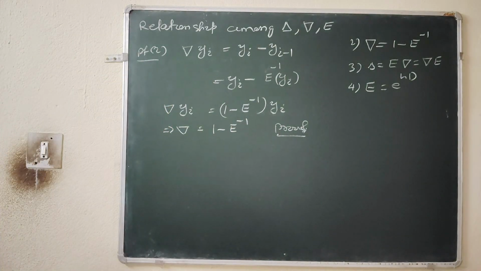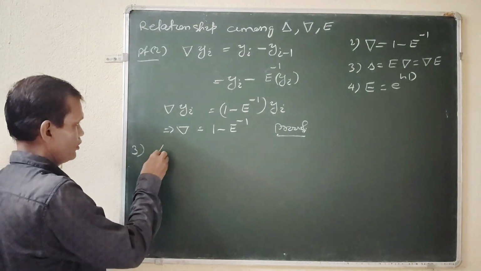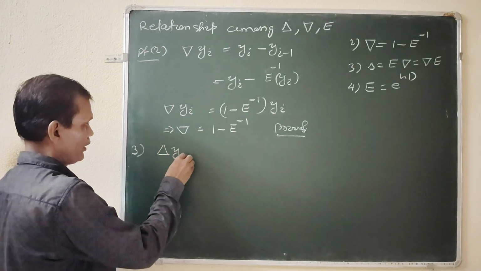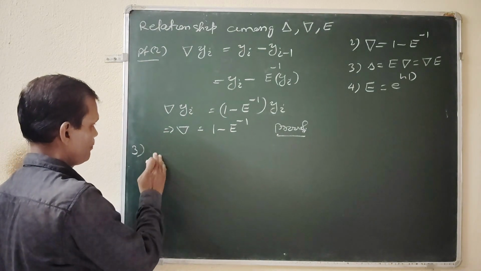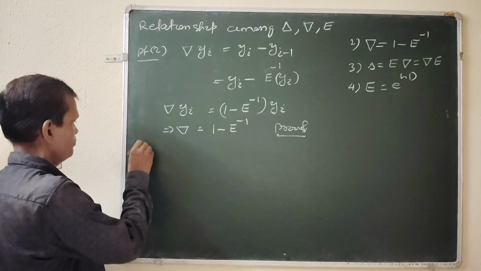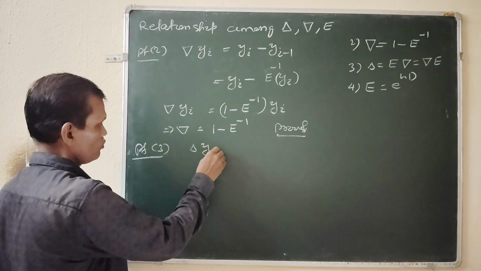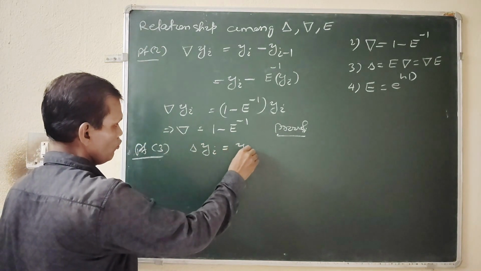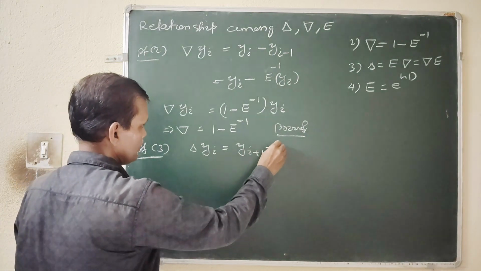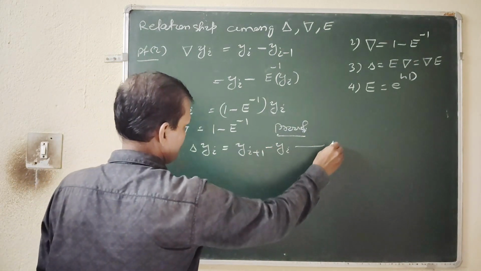Now come to the third. Proof of the third: forward delta yi. What does it give? yi plus 1 minus yi; you keep it as 1.